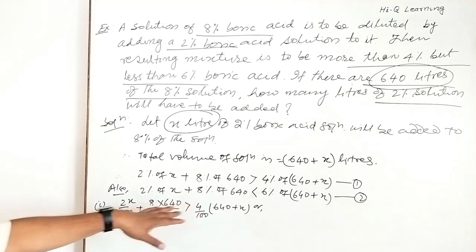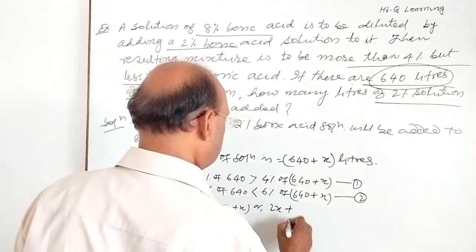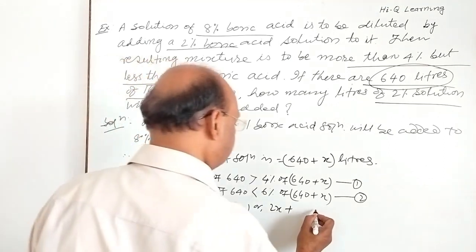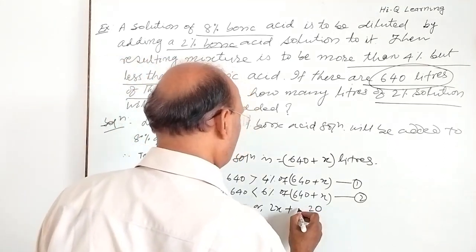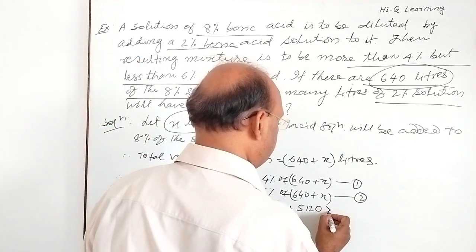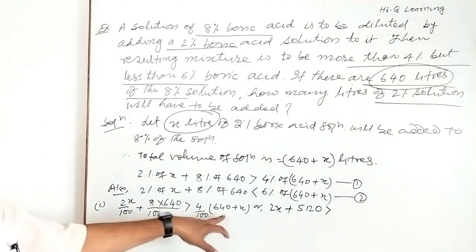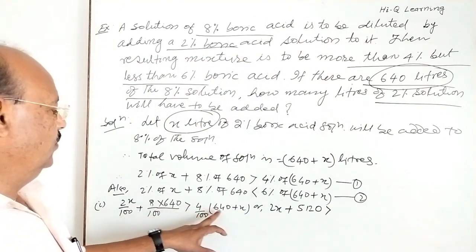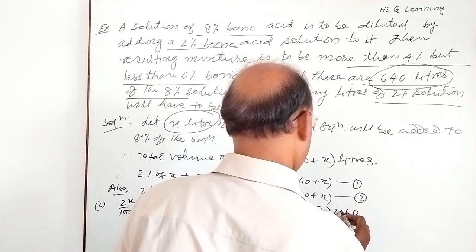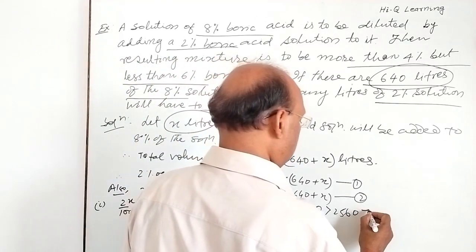After multiplying both sides by 100, you will get 2X plus 8 into 640, that is 5120, and on the right side, 4 into 640 means 2560 plus 4X.